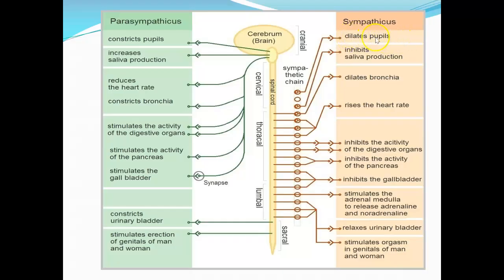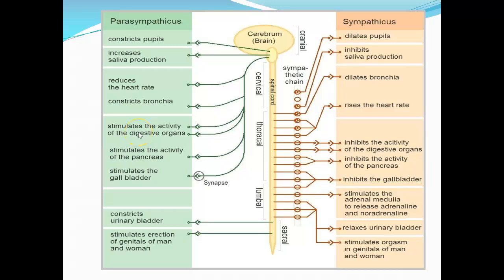For example, the sympathetic nervous system will cause pupils to dilate, and parasympathetic does the opposite. It causes pupils to constrict. Remember that the parasympathetic nervous system focuses on rest and digestion, so we see that the parasympathetic nervous system will cause increased saliva production, will cause increased motility in the digestive tract.